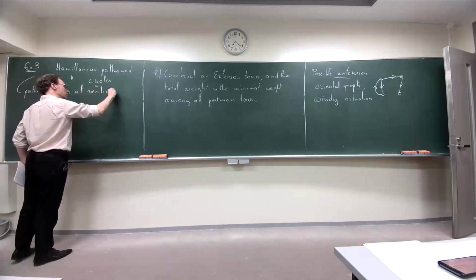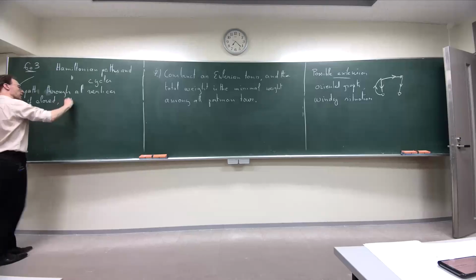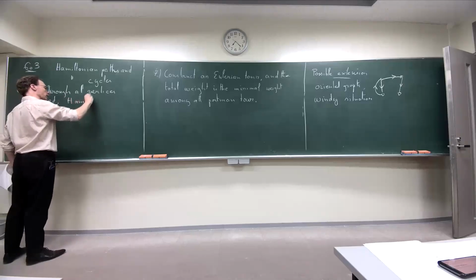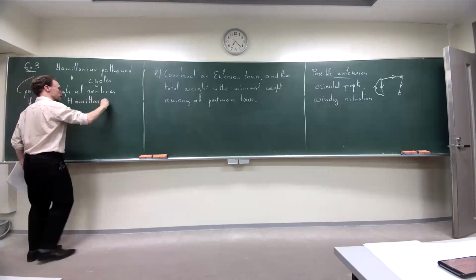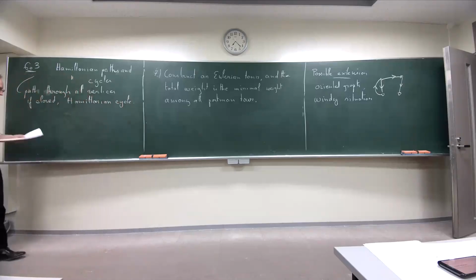But since it is a path, you are not allowed to go more than once, either on edges or on vertices. So it's a path through all vertices. If closed, it's a Hamiltonian tour or Hamiltonian cycle. We call it cycle. A Hamiltonian path or a Hamiltonian cycle.